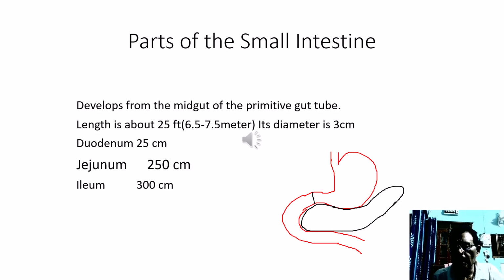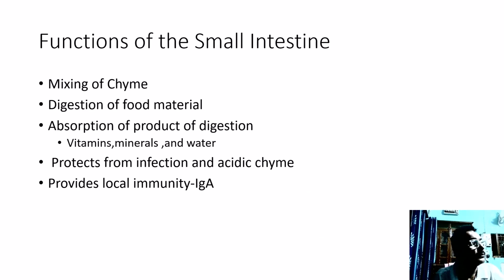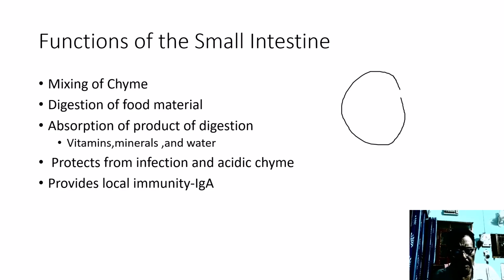Now the structure of the small intestine. The small intestine has the general structure of the GIT on transverse section. The serous layer is there, then the outer longitudinal and inner circular muscle layers are there.